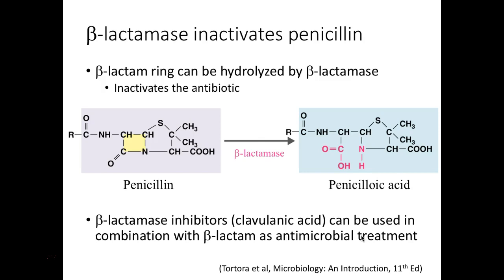Anybody want to guess what the substrate for beta-lactamase is? It's in the name. What is a substrate for a beta-lactamase? A beta-lactam. And we already looked at an example.